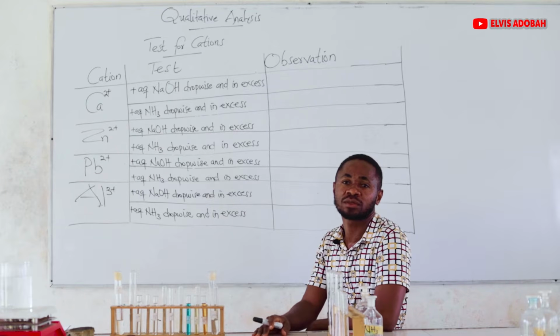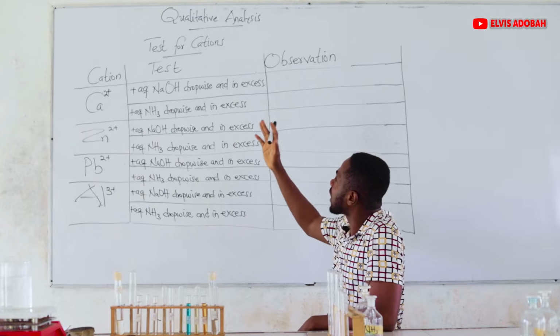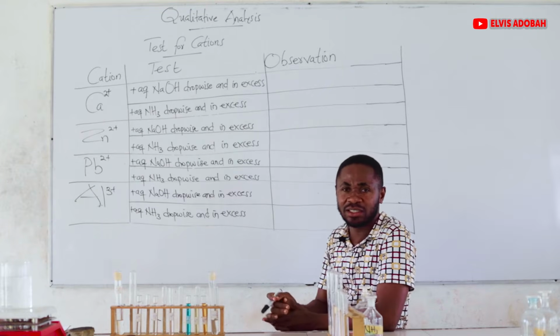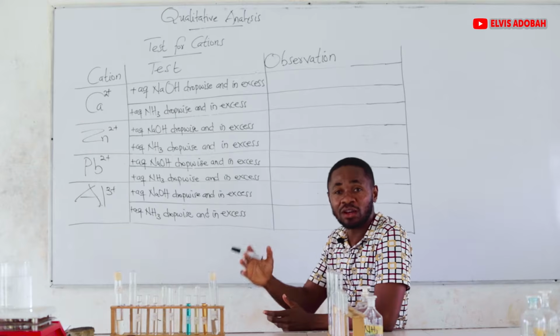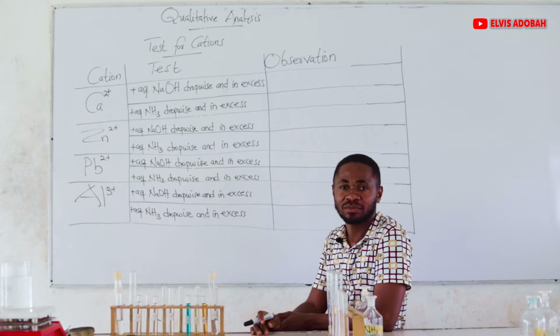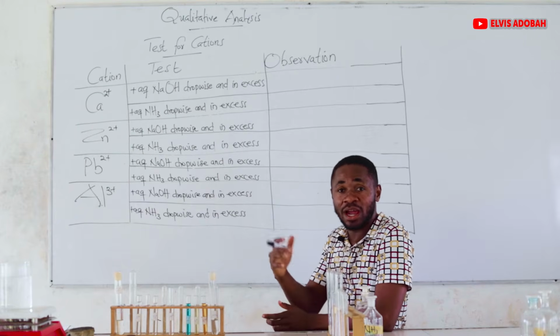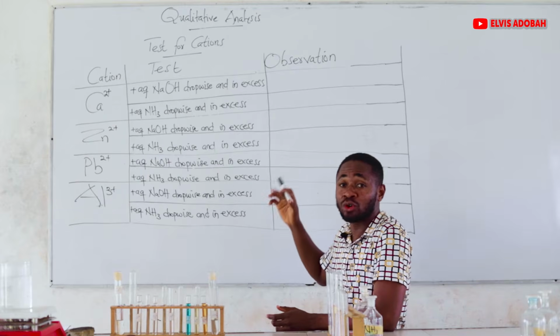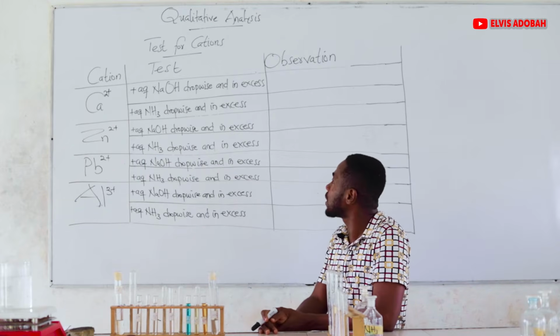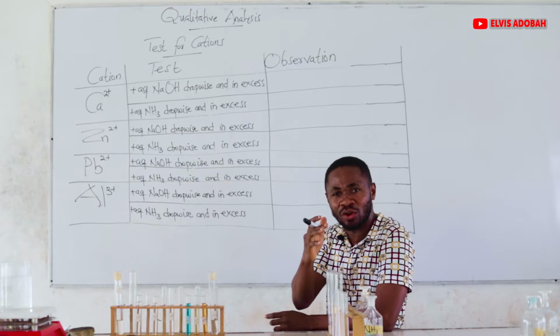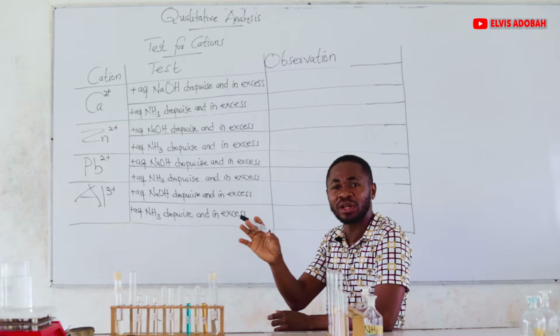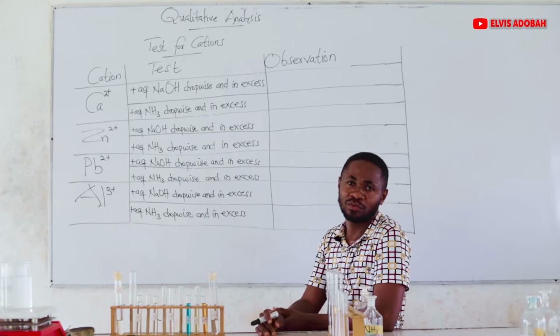We have inorganic qualitative analysis and we have organic qualitative analysis. Inorganic qualitative analysis, which we are going to talk about today, deals with testing for the cations and the anions present in a sample.